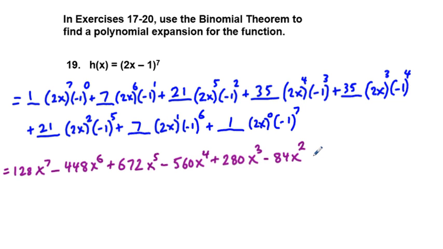That's going to be positive. And 2 to the first power is 2 times 7 is 14. So we get 14x to the first power. And then our last term is going to be negative 1 to the 7th power times 2x to the 0 power, which is 1. So we're going to have minus 1 will be our last term, our 8th term.